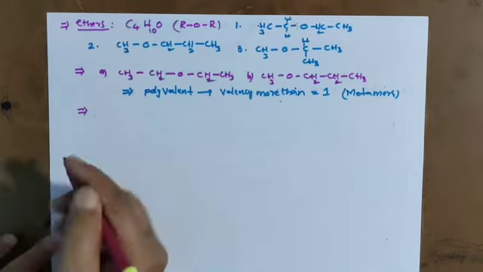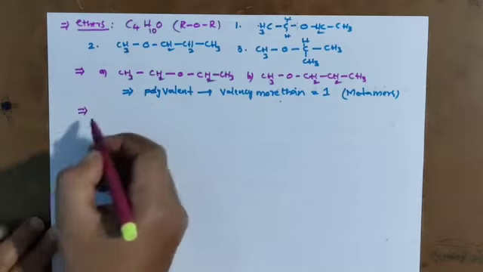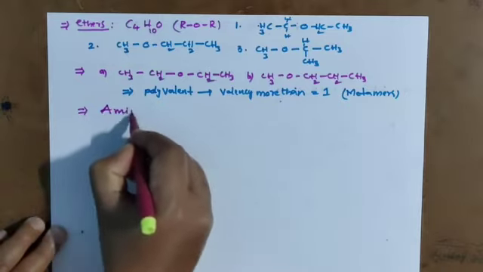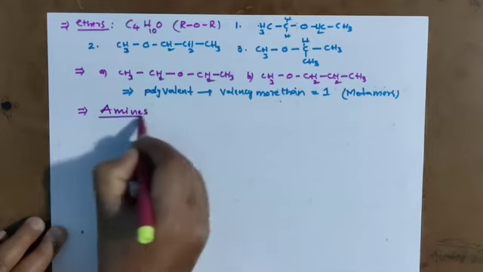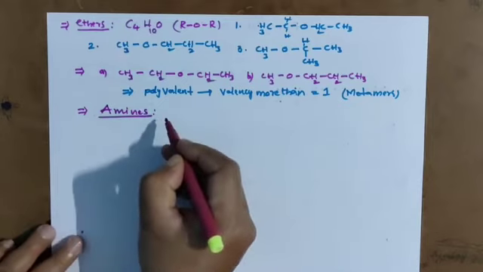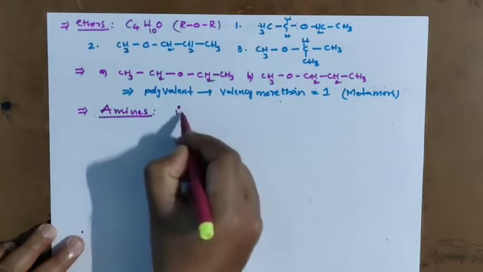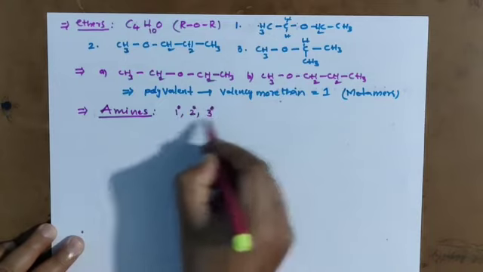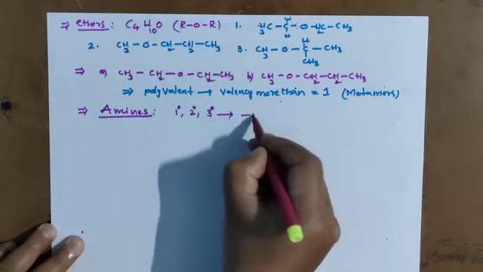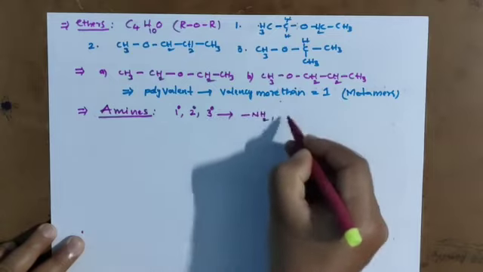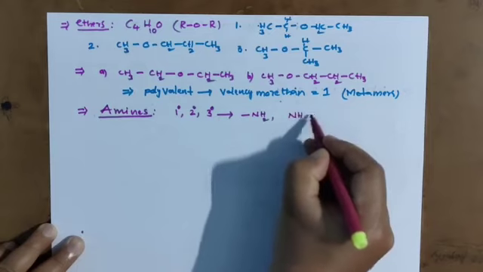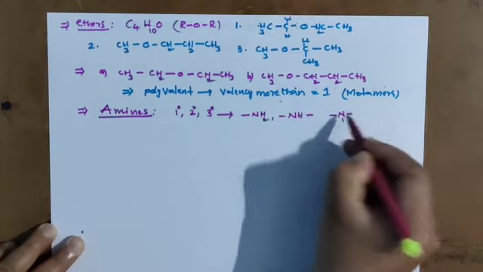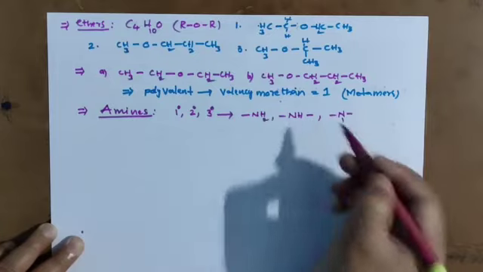Let me go for some other functional group isomers: amines. Amines exhibit functional group isomerism. You know 1 degree amine, 2 degree amine, 3 degree amine. 1 degree means NH2, 2 degree means NH, 3 degree means only N. Am I right?